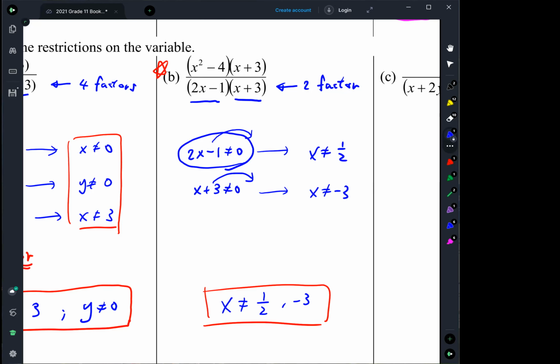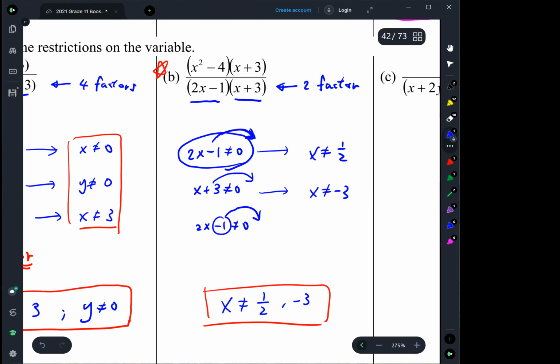First you move the negative 1 over to the right side. Right, 2x minus 1 cannot equal 0. So you move this to the other side. When you move it over, you need to change the sign. Follow? Yeah, I know that. X cannot equal 1.